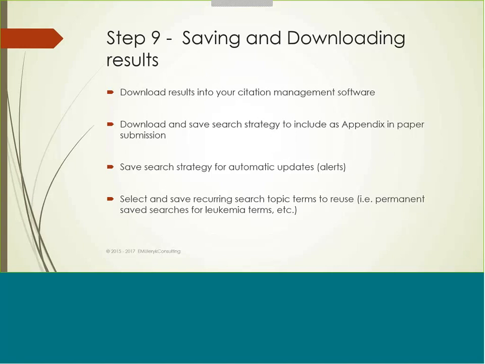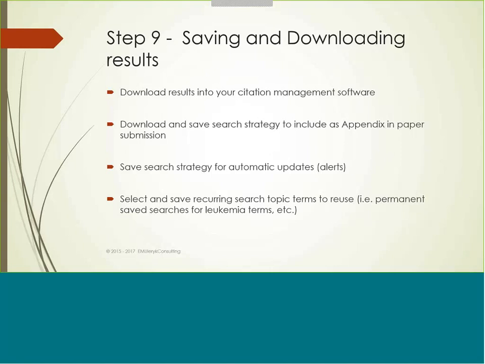And a real time saver is if you have a recurring search question. So for example, if you treat primarily leukemia patients, let's say AML or ALL, whatever it is, you can come up with the search headings that you would normally use and some text words and just save it as a saved search.